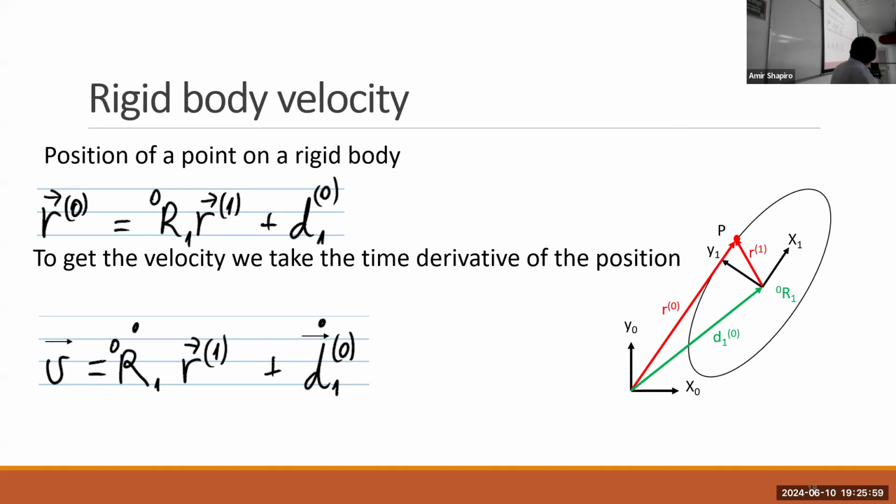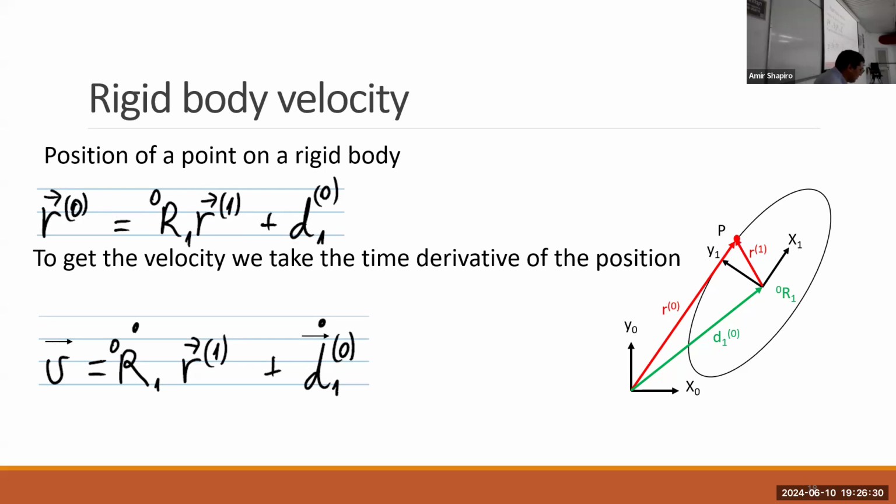So we said we have the position of a point on a rigid body, and it is according to the rigid body transformation, where R1 is in a local reference frame 1, and D and R0 are in the global reference frame 0.